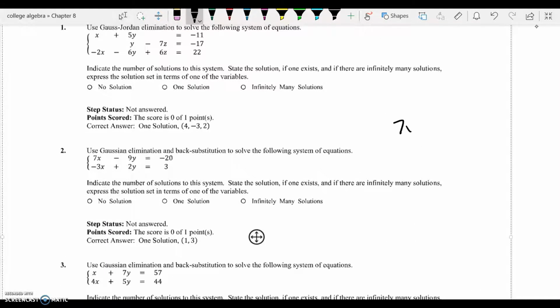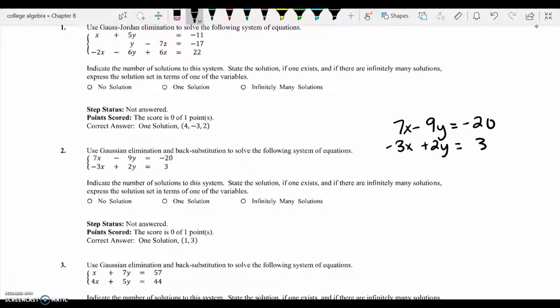So, for example, we'll do number 2. Let's say we use elimination. So I'm going to multiply this one by 9, this one by 2.